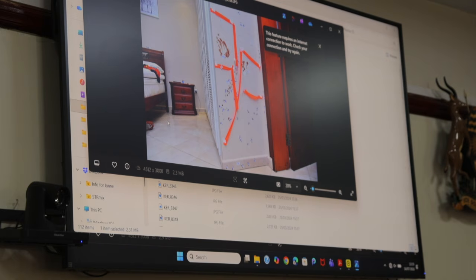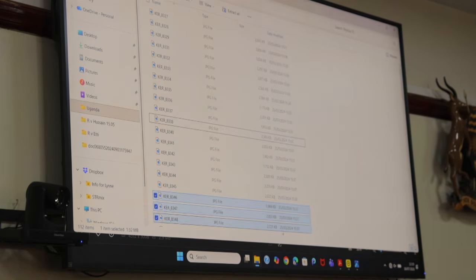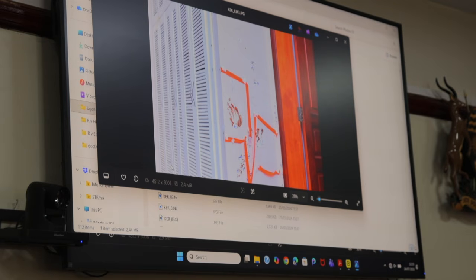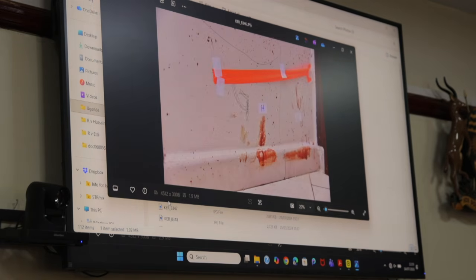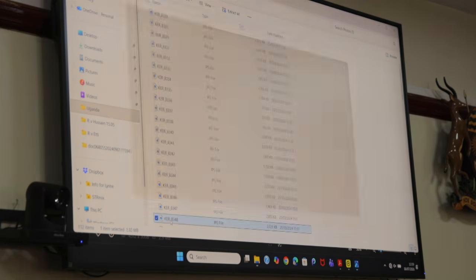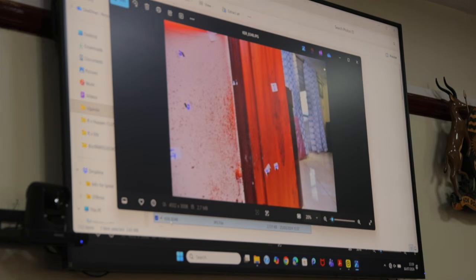Sample another three. There's a close-up of the staining at the bottom of the wall, and a close-up on the wall again.